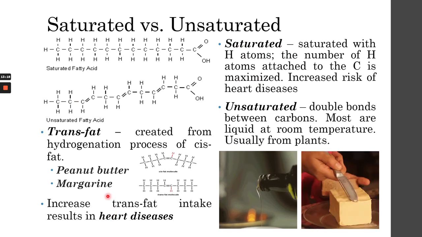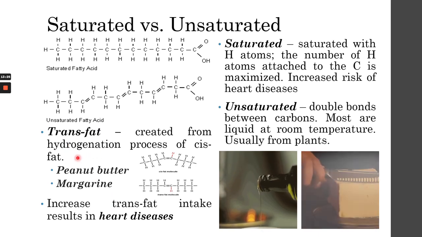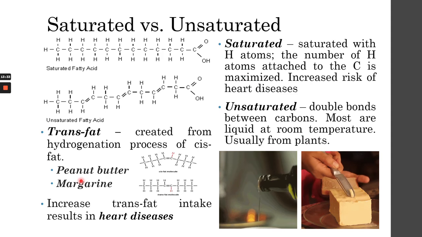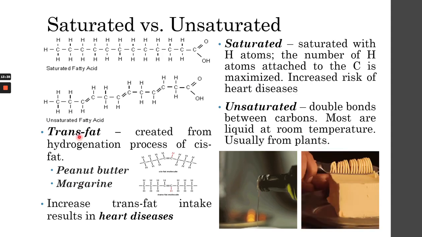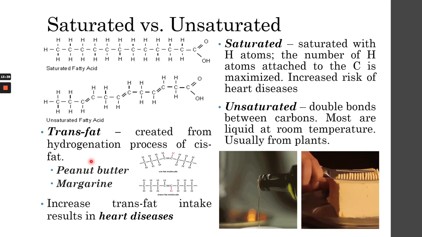You know, so you just have to make sure, be careful on what you eat, especially trans fat. It doesn't mean you should avoid trans fat. Peanut butter and margarine taste really good, no? They're really good on toast and bread. But of course, you want to limit how much trans fat you take.